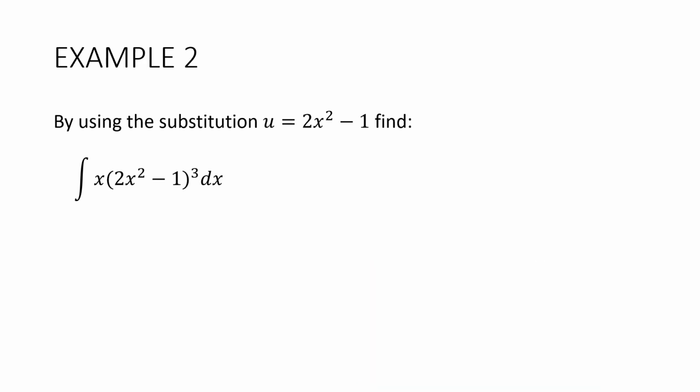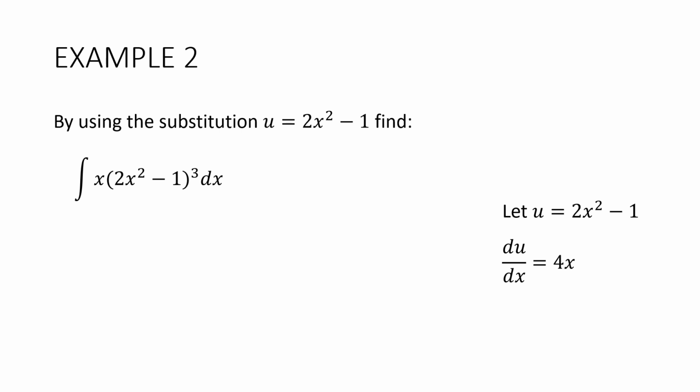Example 2. By making the substitution u equals 2x squared minus 1, find the integral of x multiplied by 2x squared minus 1, all cubed, dx. Right on the side of your page, we're writing let u equal 2x squared minus 1. Du dx is equal to 4x.